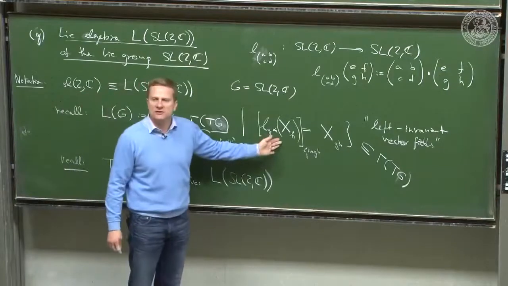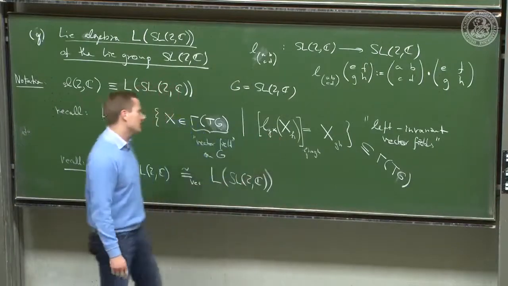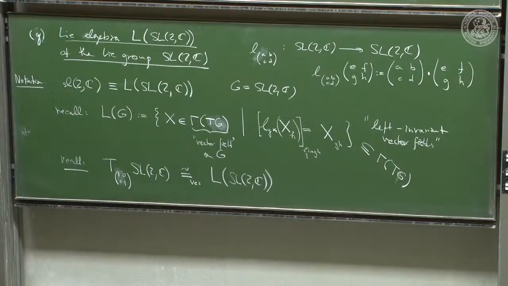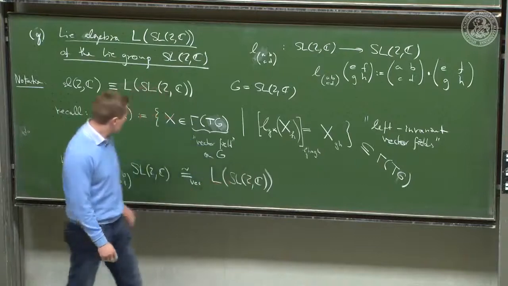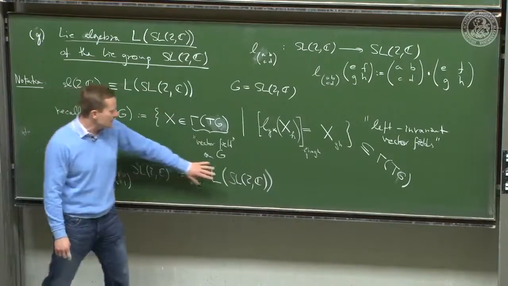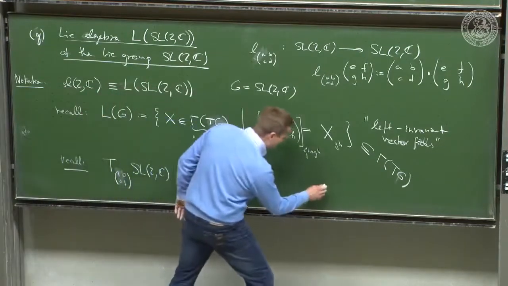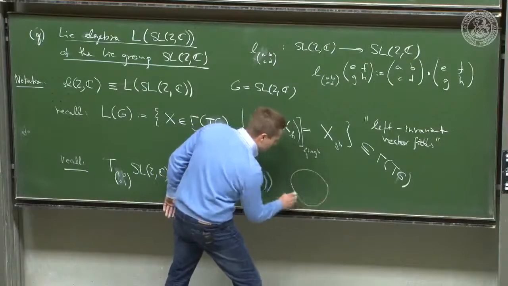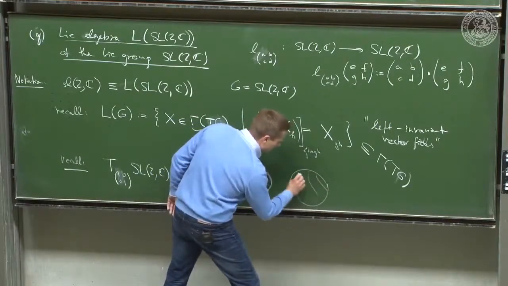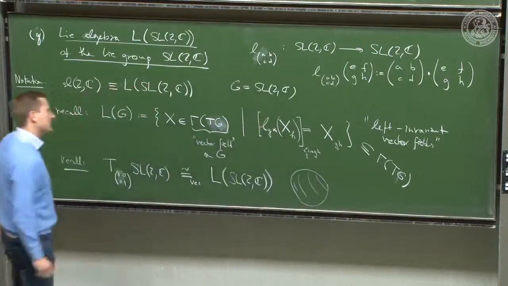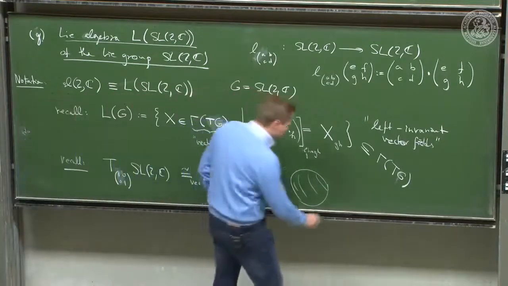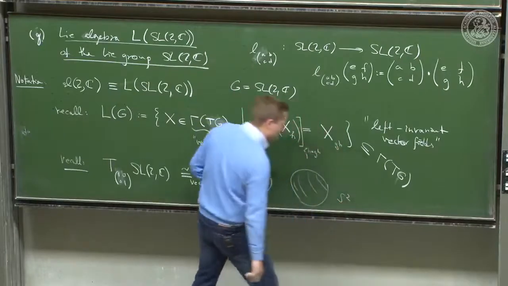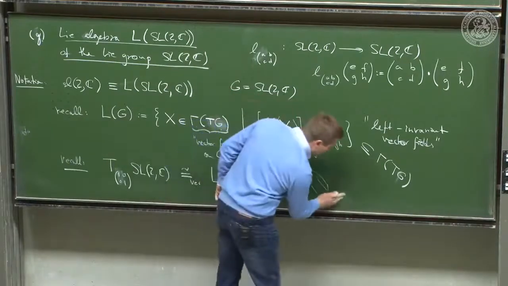Well, this is a very strong condition, the left invariance. But you see, this has an advantage over that. This is easy enough to see, so let me draw a picture. I don't know whether it's a good picture, but assume we have the S2. Well, that's not one of the groups we're looking at the moment, but imagine the group looks like this.